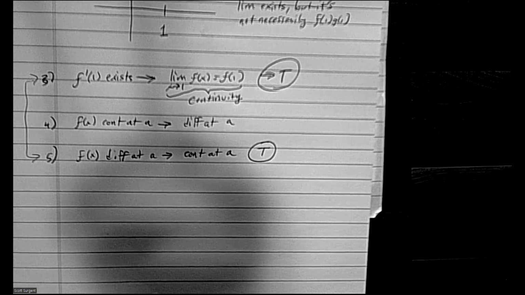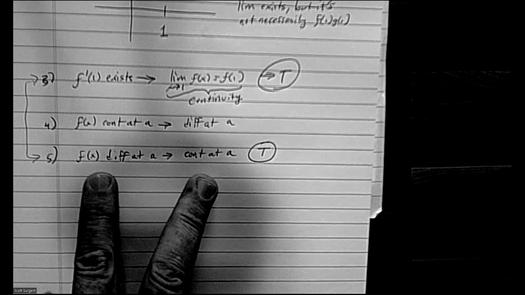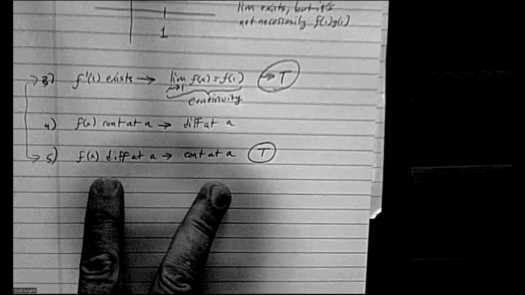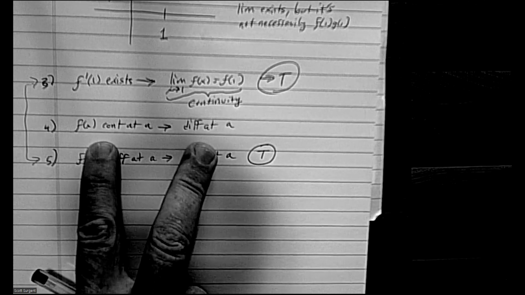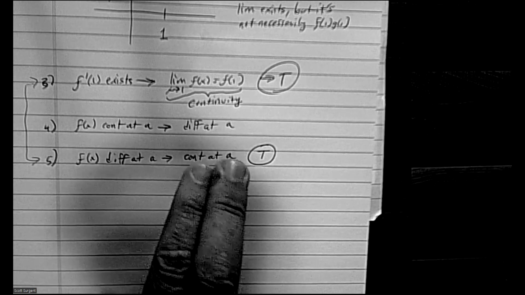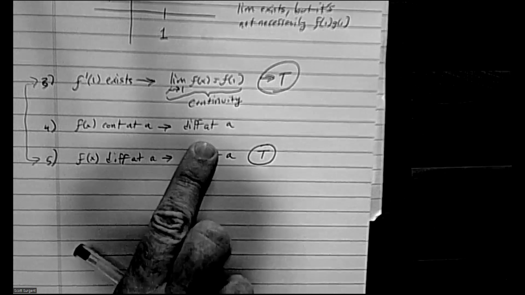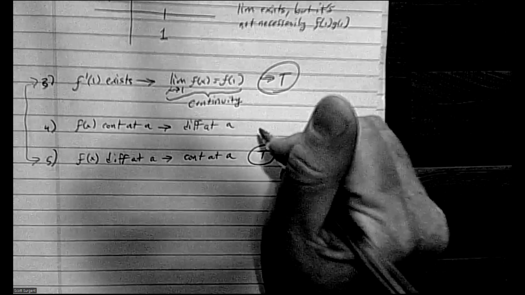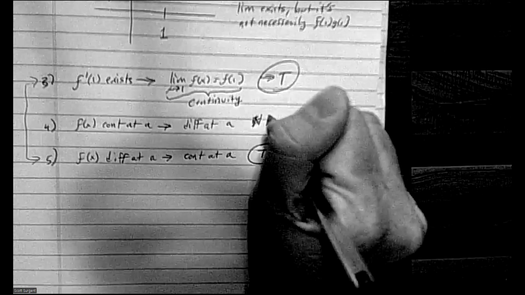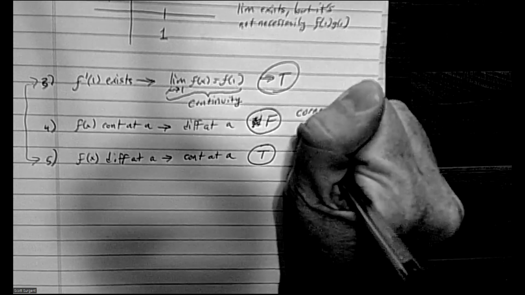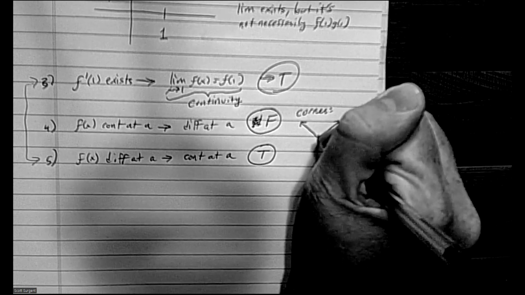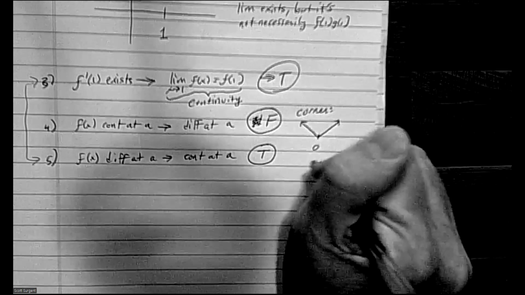Now, number 4 is the converse of part 5. It's basically just flipping the two statements back and forth. If a function is continuous at a point A, does that necessarily mean it's differentiable? In a case like this, the answer would be no, or false. That's because you could have a case like a corner. You could have an absolute value graph that has that V shape. It's continuous at 0, but it's not differentiable at 0.